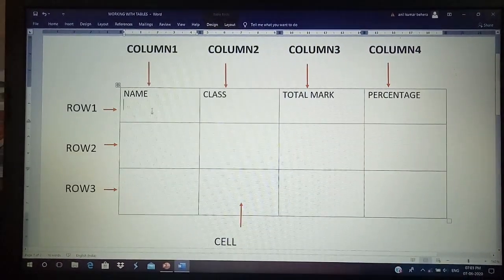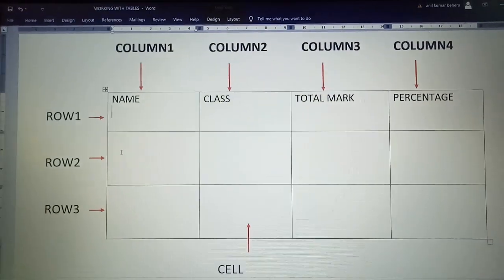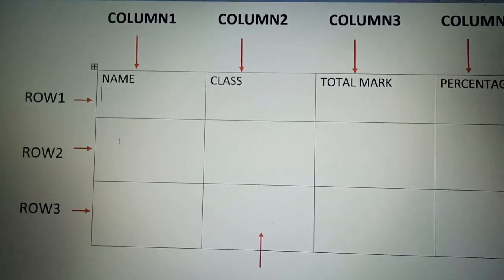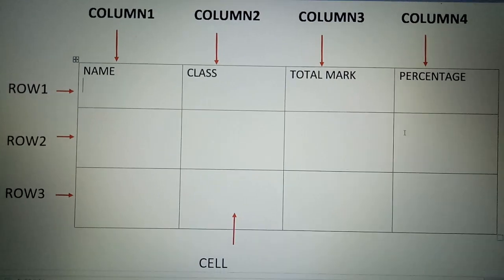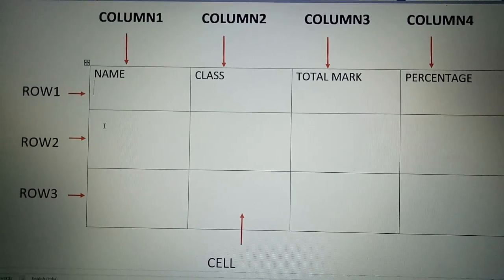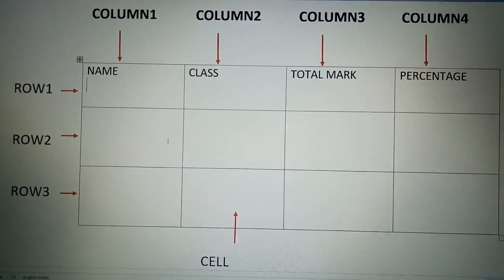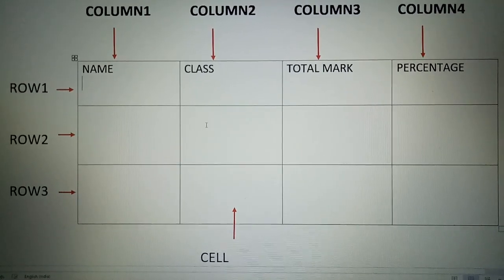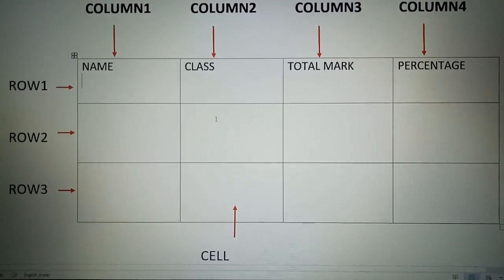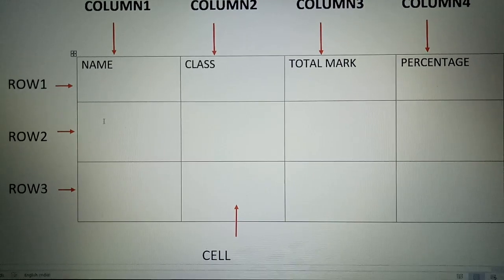Now coming to the row, as I have already told you, a row is a horizontal collection of columns. Each row gives complete information about a particular student or product or employee on which the table is created.